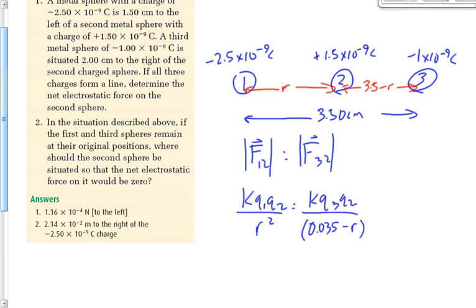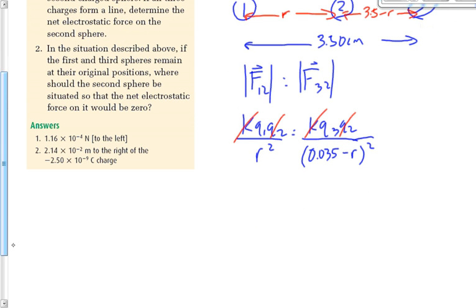And then, of course, we got to square that. Now, got some good news here. The good news is that k appears in both, so we can cancel that. q2 appears in both, actually, so we can cancel that. Mathematically, that makes life a little bit easier. We've got q1 over r squared equals q3 over (0.035 minus r) squared.